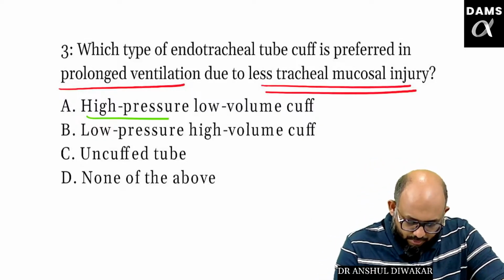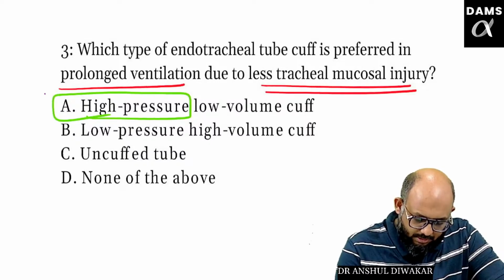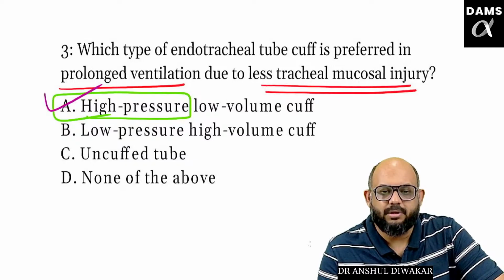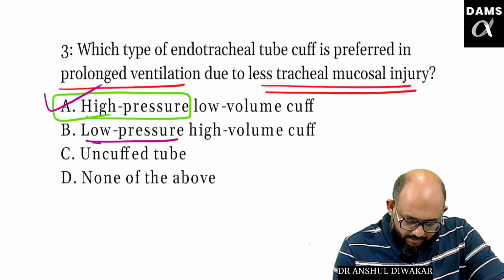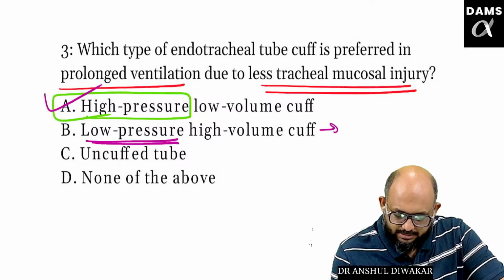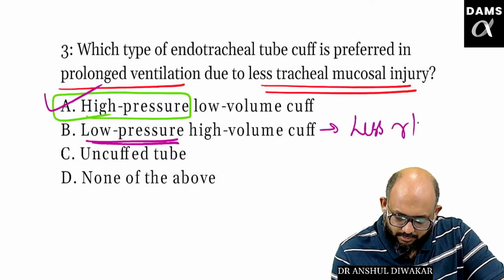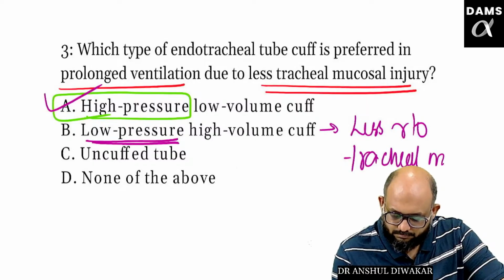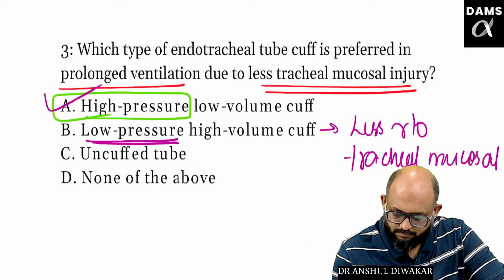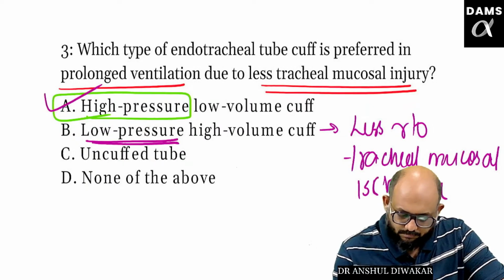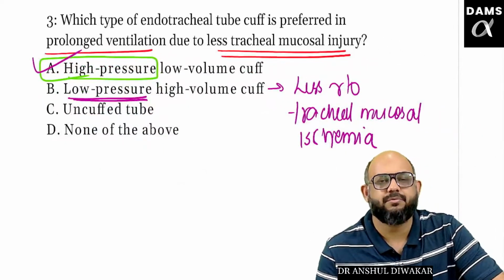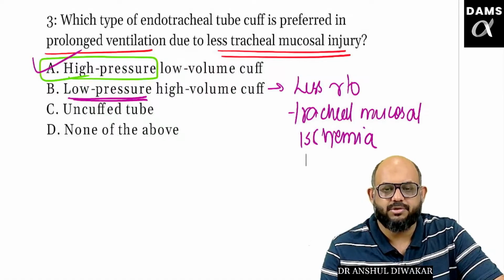So any tube with high pressure is going to cause more injury, while a low pressure cuff has less risk of tracheal mucosal ischemia.